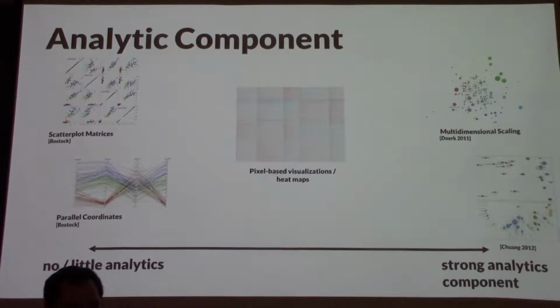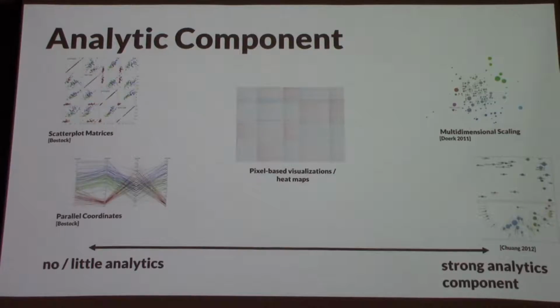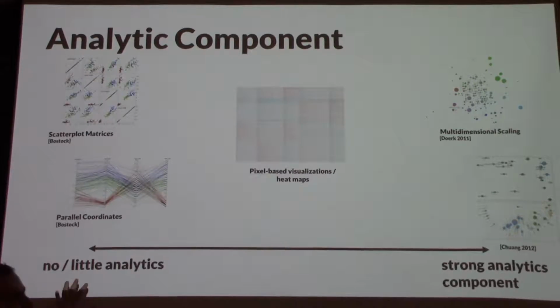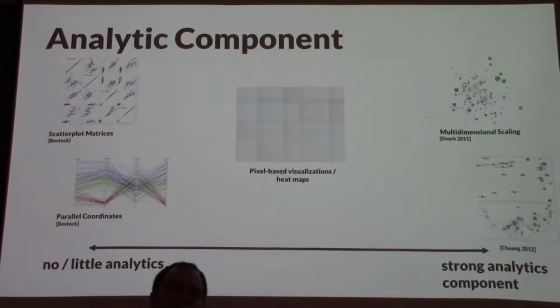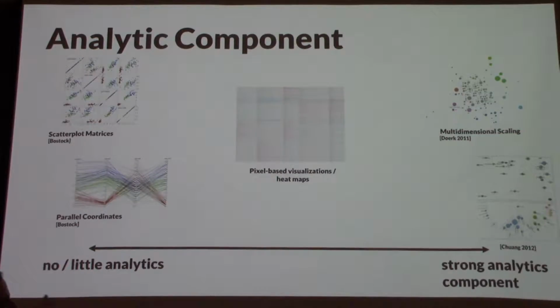This also gives you the space of the techniques that you could use. If you have not a lot of data, you don't need analytics, but if you have a lot of data, you need analytics. So this is the space of the most important tabular visualization techniques according to their analytical components.